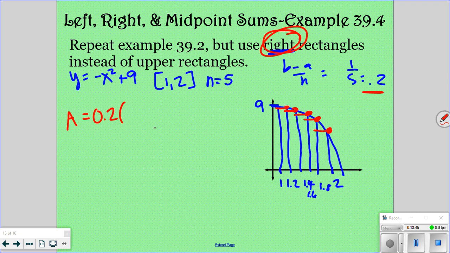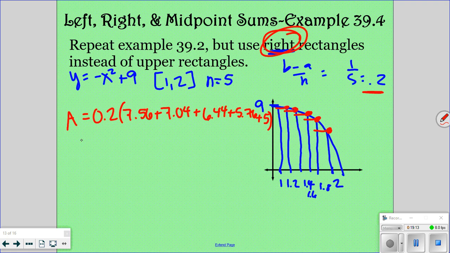We're going to plug in 1.2, and that would be 7.56. If you plug in 1.4, you're going to get 7.04. If you plug in 1.6, you get 6.44. If you plug in 1.8, you get 5.76. And then if you plug in 2, because we do get to use 2 on this one, you get 5.